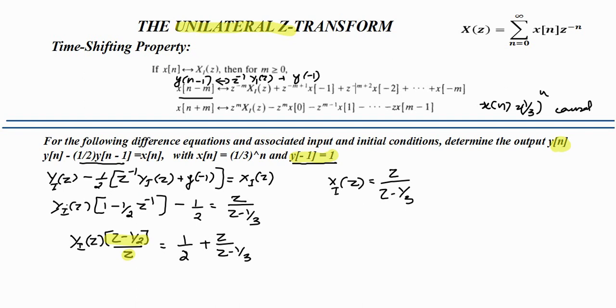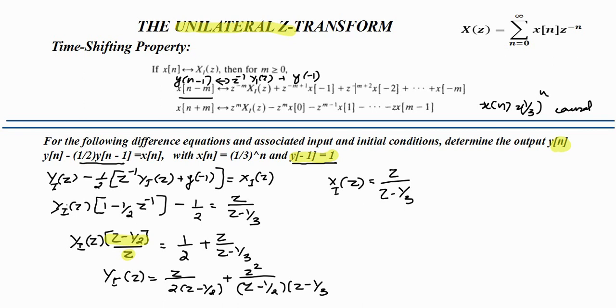So Y of z, the one sided z transform, becomes z by 2 into z minus 1 by 2 plus z square by z minus 1 by 2 into z minus 1 by 3. We got this much.